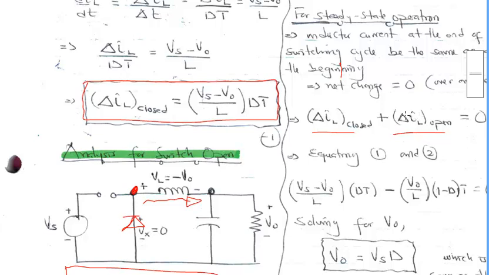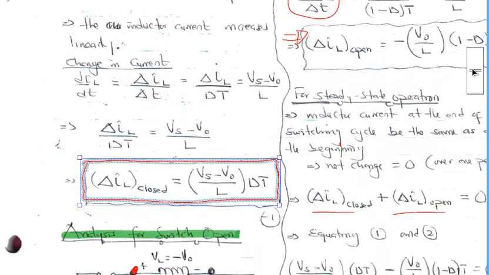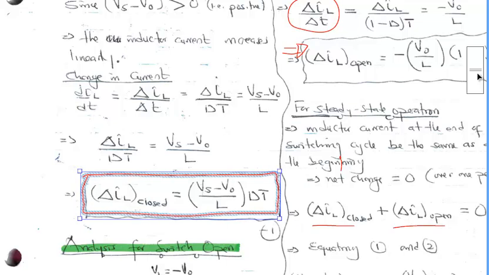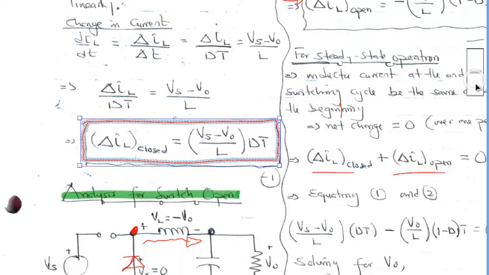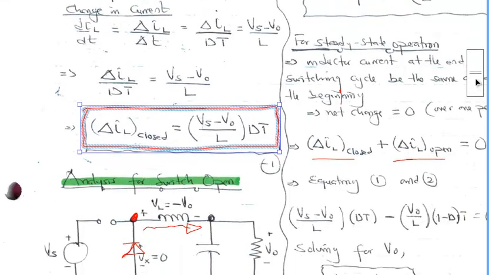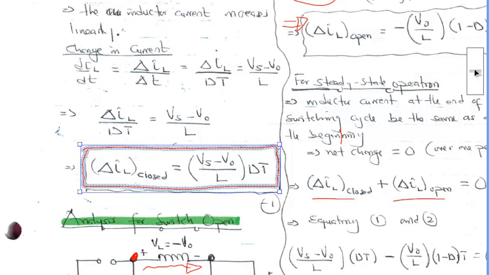So we can go back and take equation 1, the change in inductor current when the switch is closed, and equation 2, which gives the change in inductor current when the switch is open.